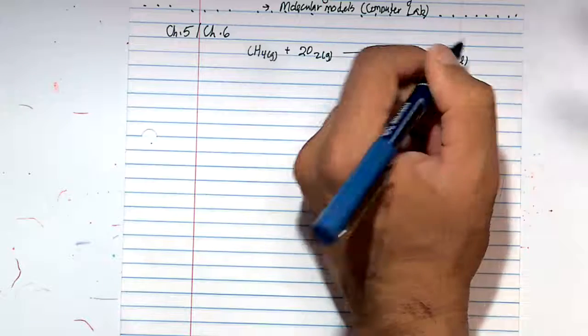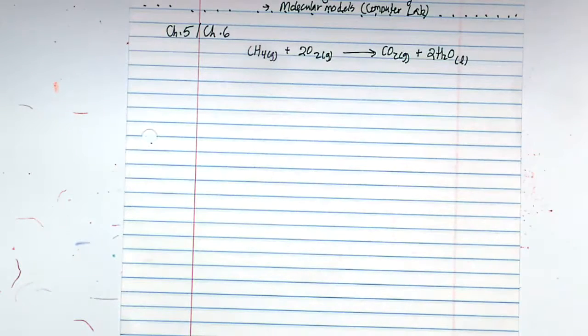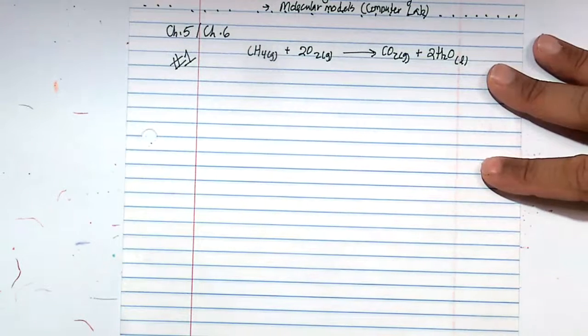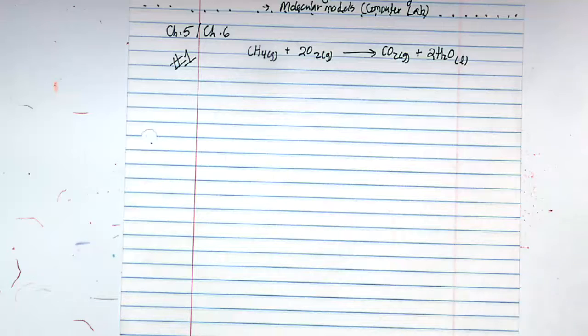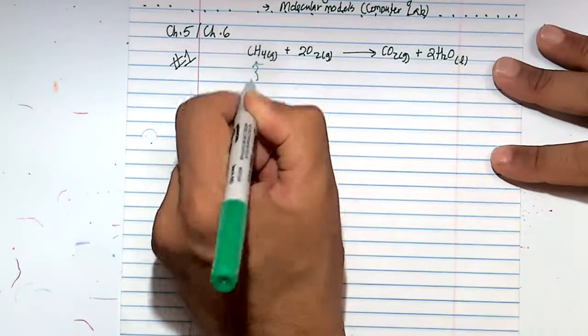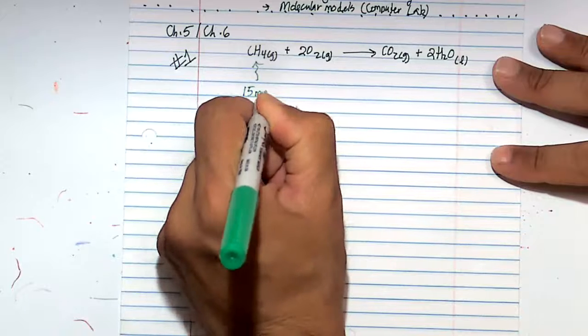If you have an equation like this, first thing you want to do, like all equations, is to make sure it's balanced, correct? Make sure it's balanced. So let's say I tell you that we have 15 moles of CH4.